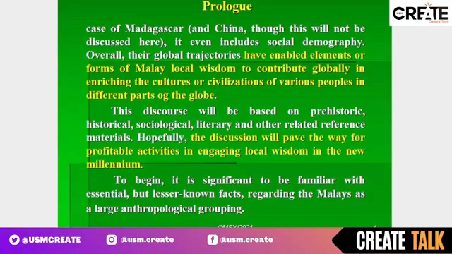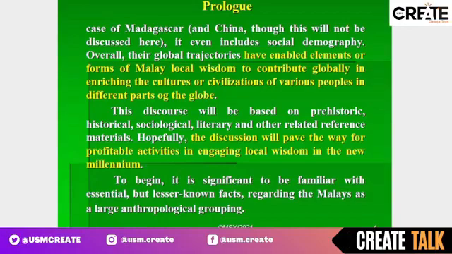Ladies and gentlemen, this discourse will be based on prehistory, historical, sociological, literary, and other related reference materials. Hopefully, the discussion will pave the way for profitable activities in engaging local wisdom or local knowledge in the new millennium.